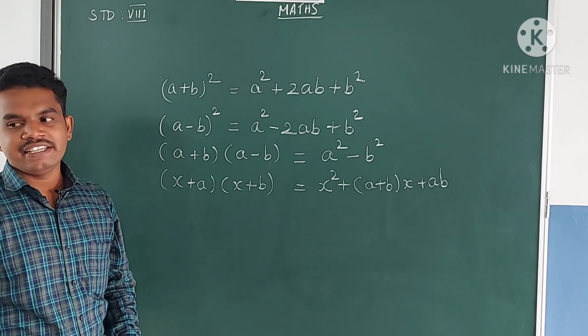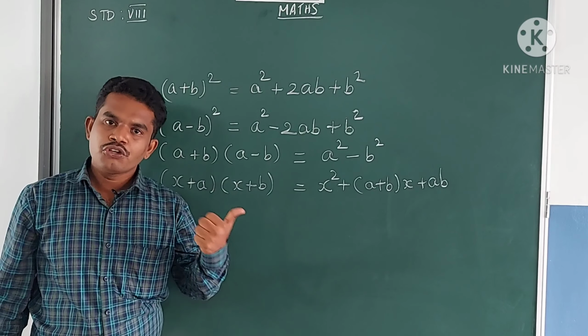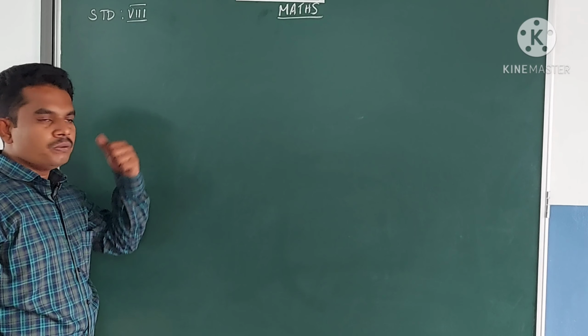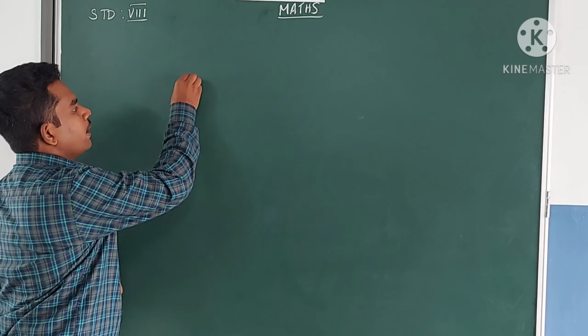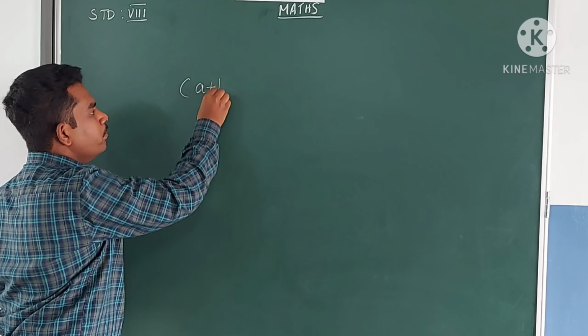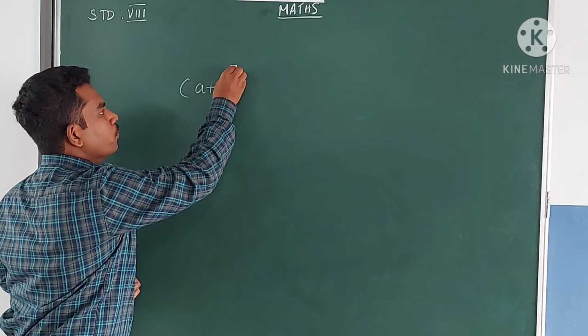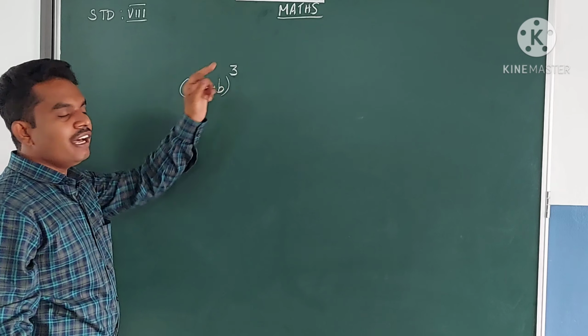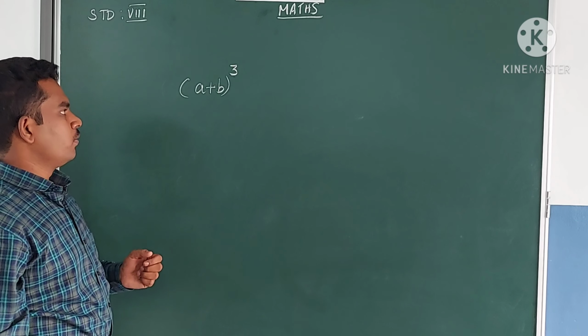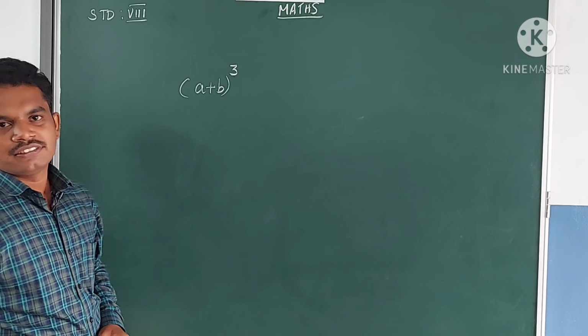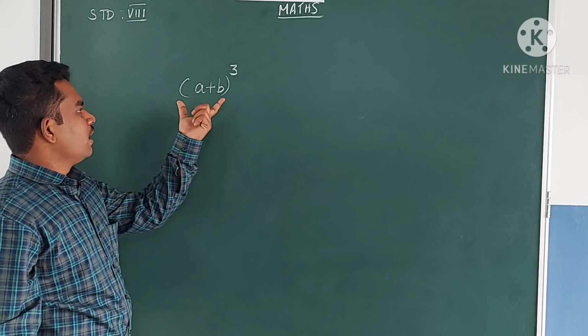Okay. Now, let us see how we derive the cubic identity. Now, a plus b the whole cube. Okay. How does it come? Let us see.